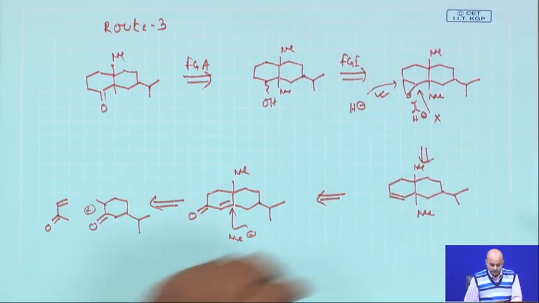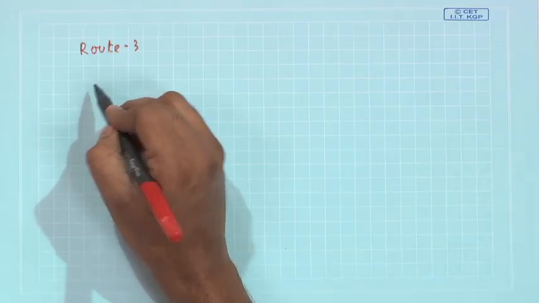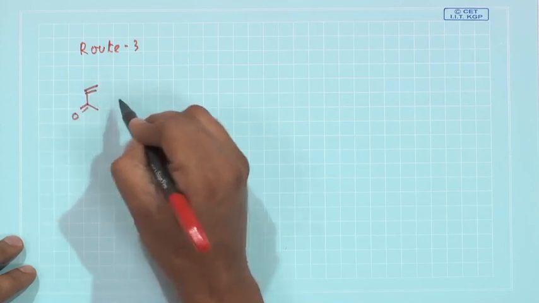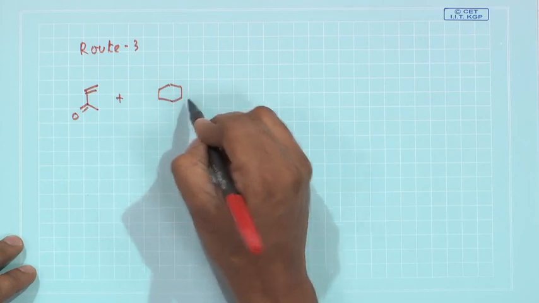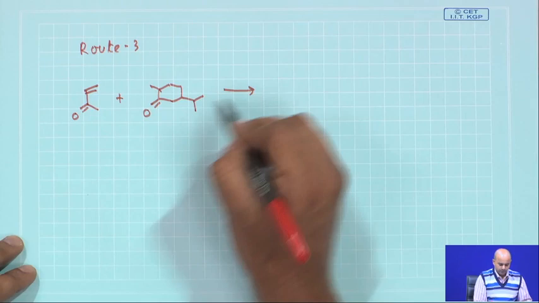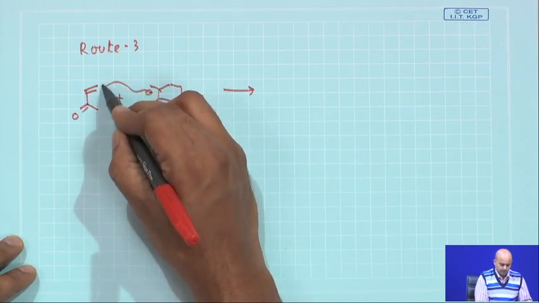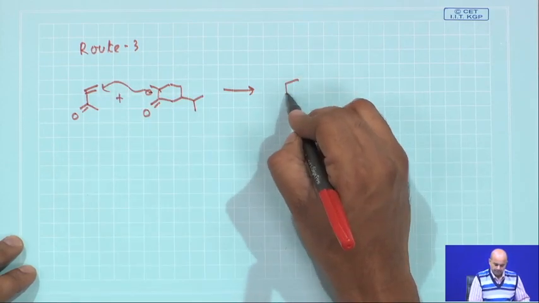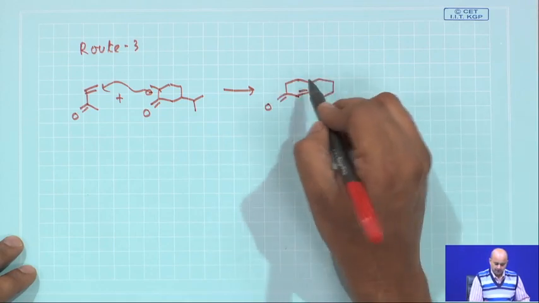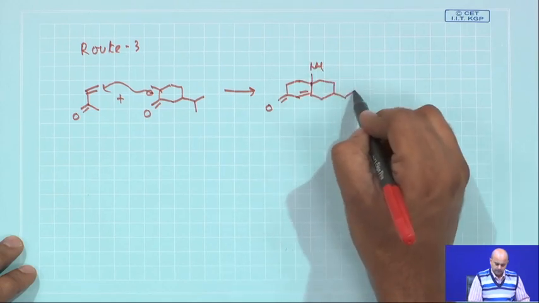Now, we try to analyze route 3 and see how this route 3 is also possible. In route 3, you are using a methyl vinyl ketone and this cyclohexanone based compound. Initially, your Michael followed by aldol will give you this bicyclic enone.